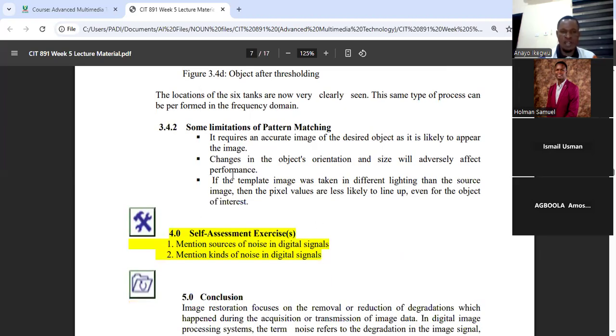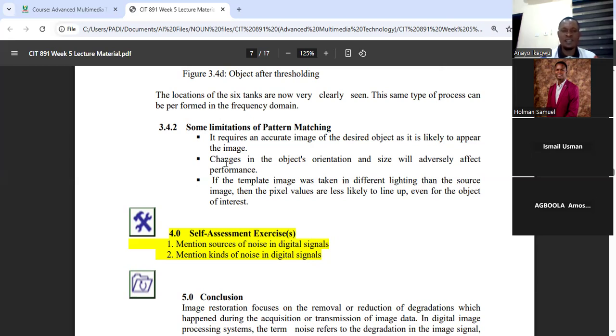So in pattern matching, there are some limitations. The template must be an accurate image of the desired object as it is likely to appear in the image. Changes in the object orientation and size will adversely affect performance.